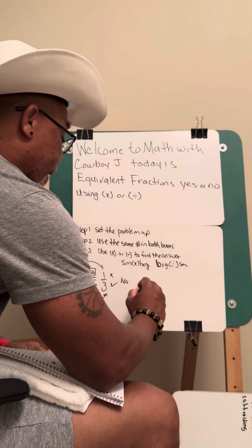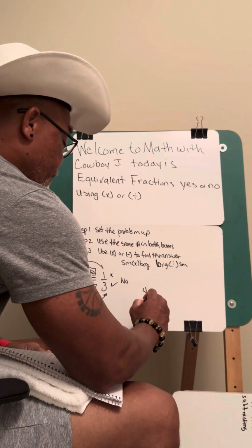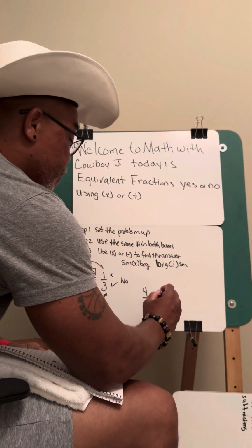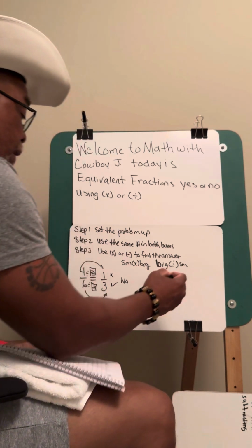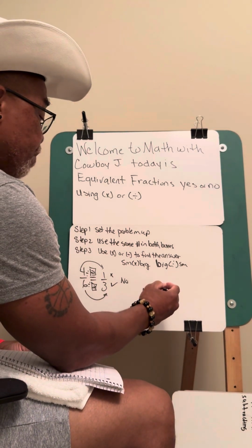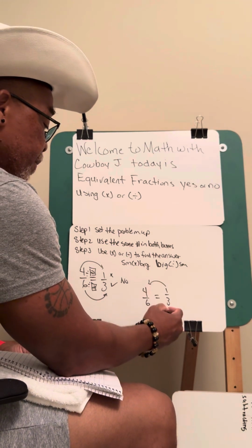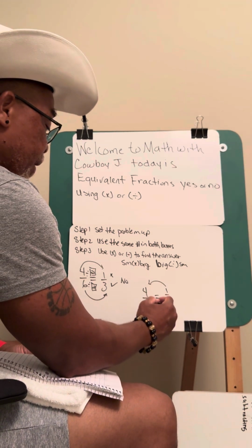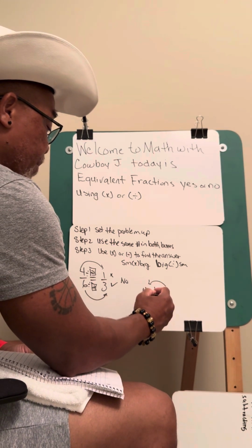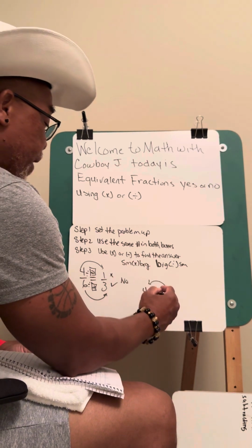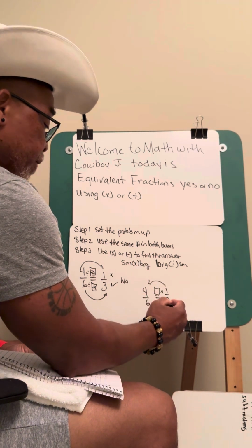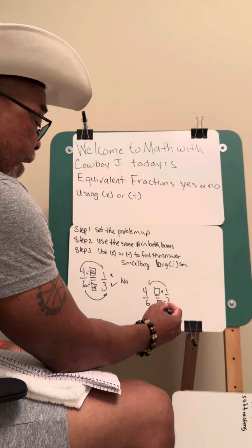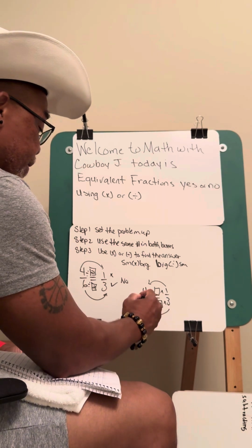Let's say I had again 4/6 equal to 1/3. Now I'm going to go from a small to a big. So I put my box. Small to a big, that means I'm multiplying. 3 times 2 is 6.